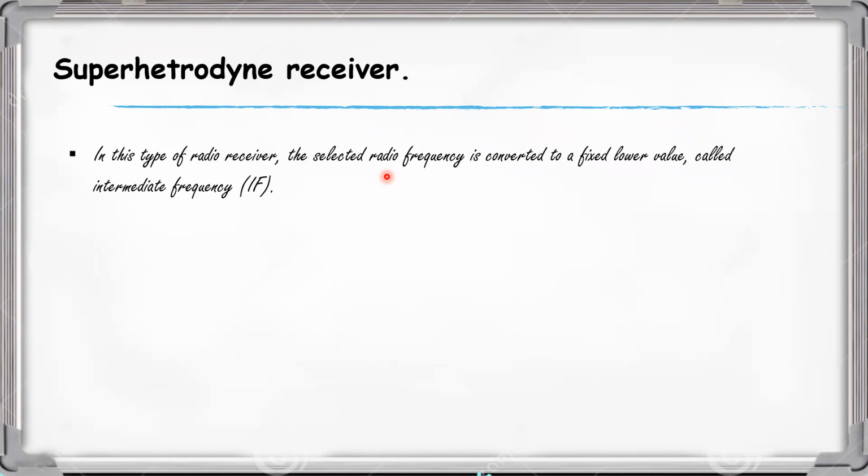In this type of radio receiver, the selected radio frequency is converted to a fixed lower value, or to an intermediate frequency. That is, the selected radio frequency is converted into an intermediate frequency which lies between the frequency of the radio station and the frequency of the audio signal.